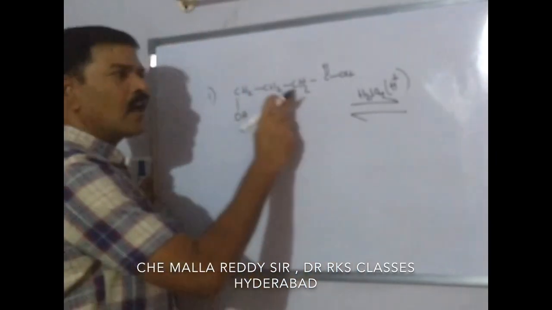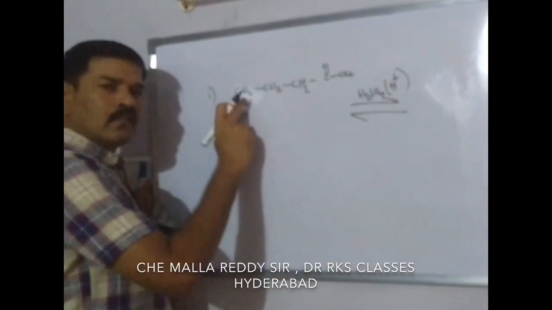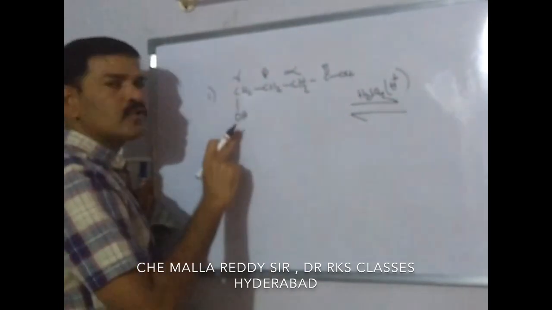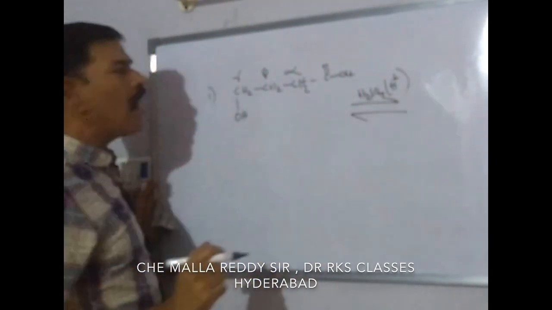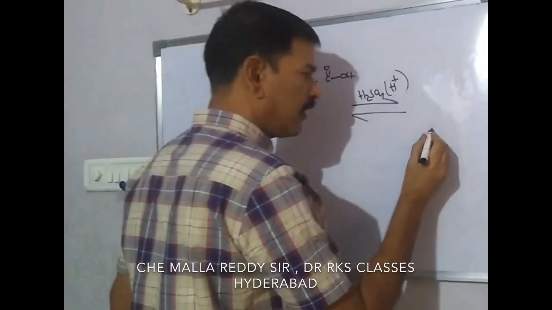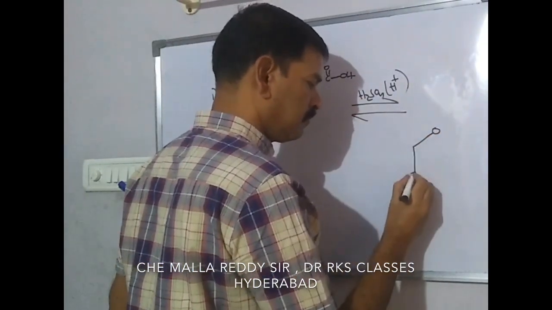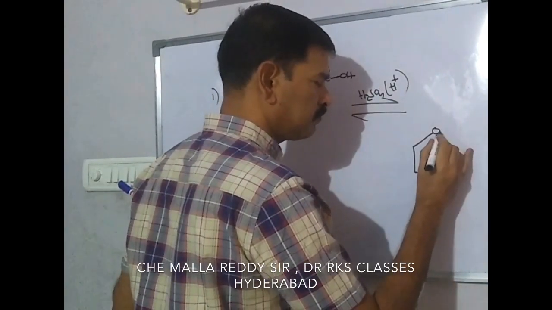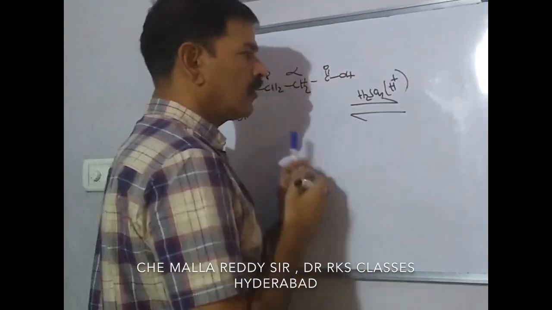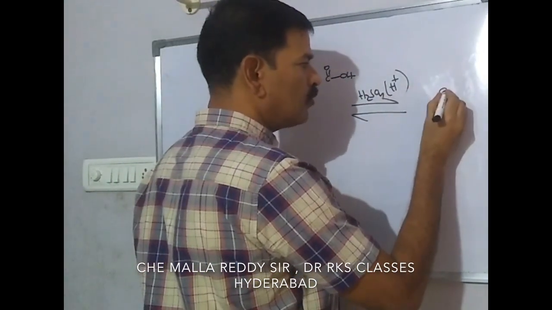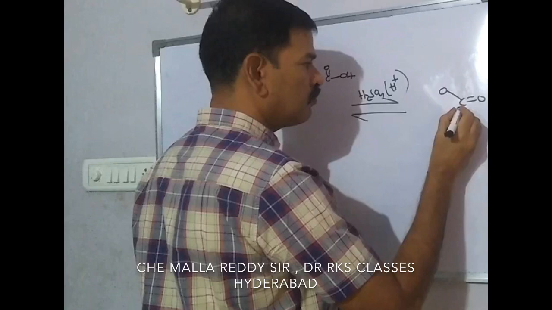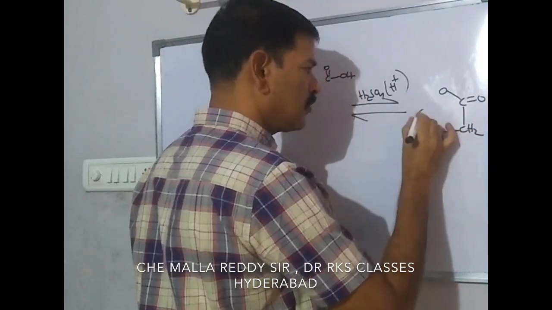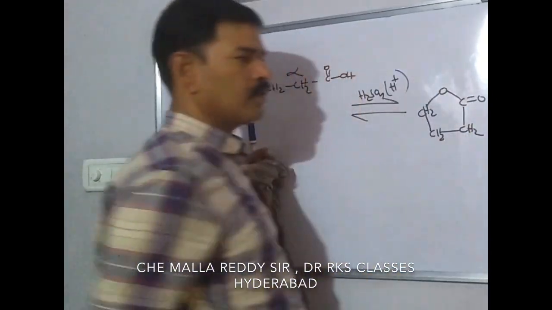This is the alpha carbon, beta and gamma. At the gamma position, an OH group is present. You are getting a gamma lactone. O, C double bond O, CH2, CH2, CH2, this carbon.